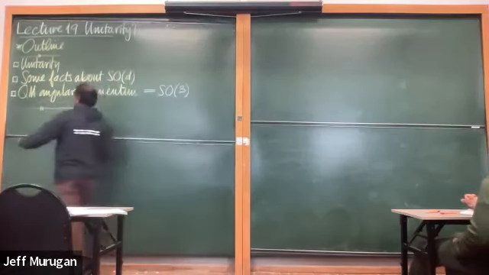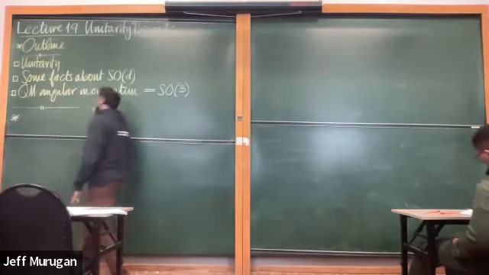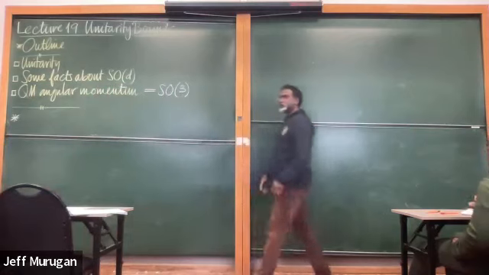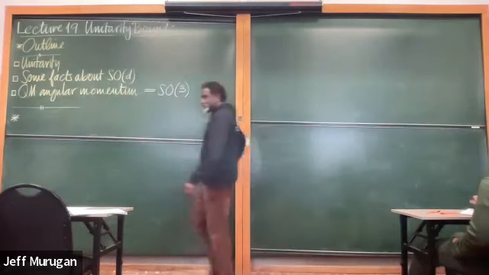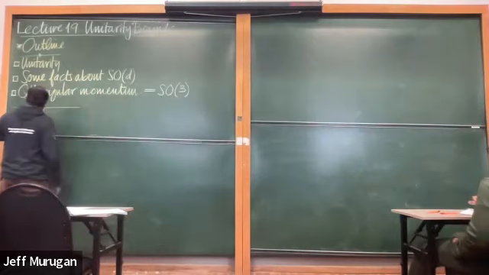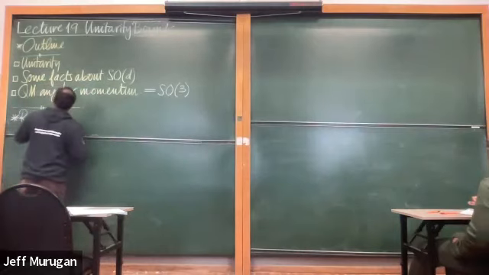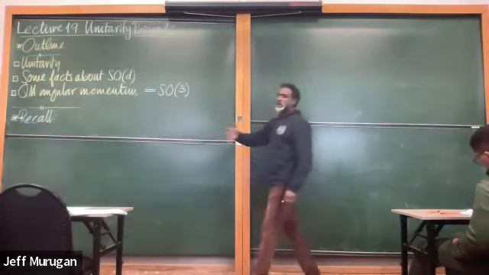Okay. So we want to demonstrate that the scaling dimensions of operators in conformal field theory are bounded, bounded from below. To do that, we're going to start by recalling a couple of things. I'm going to try and draw a logical line of reasoning here.